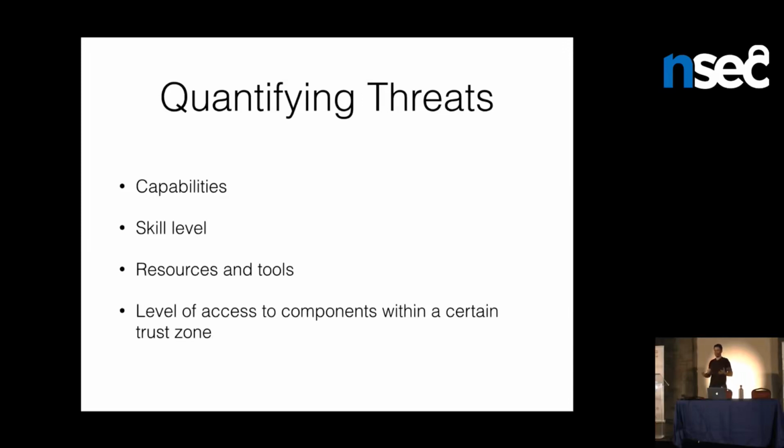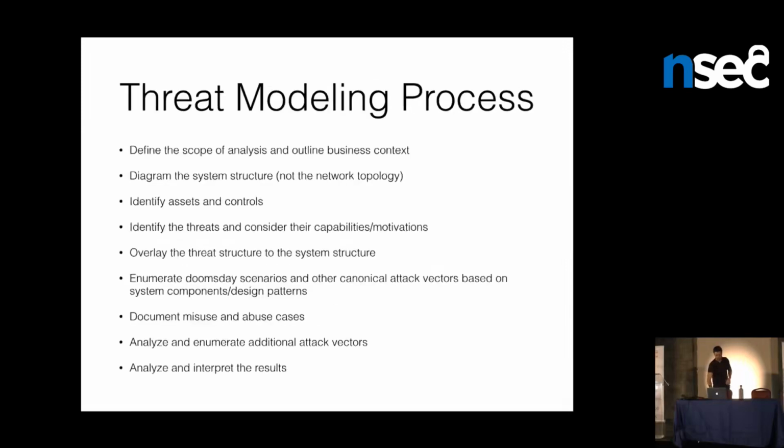They can sit on an internal network. They have badges, all of this stuff that they can use to possibly compromise different sets of data or compromise it in a different way. We need to make sure that as we're designing our systems and placing controls throughout that system to protect our assets, that we consider different types of threats, and these are just some of the ways in which we can do that.